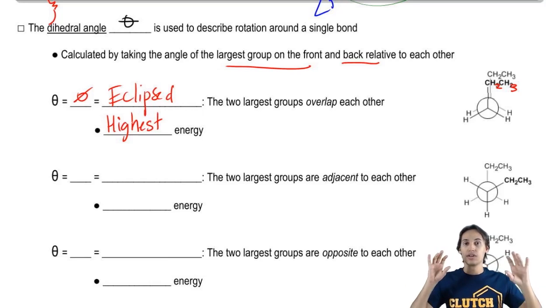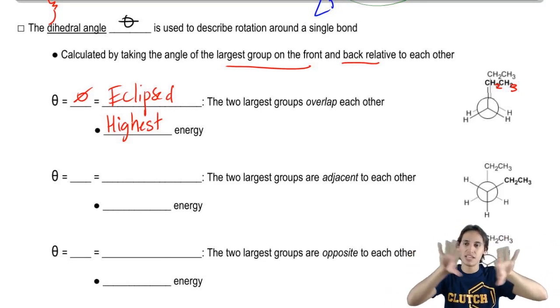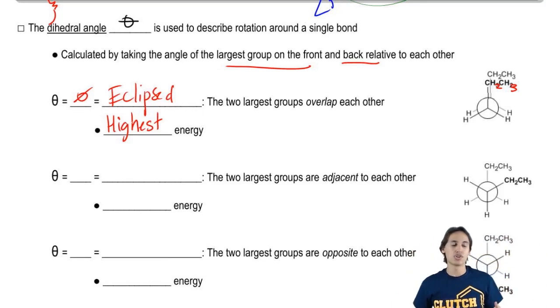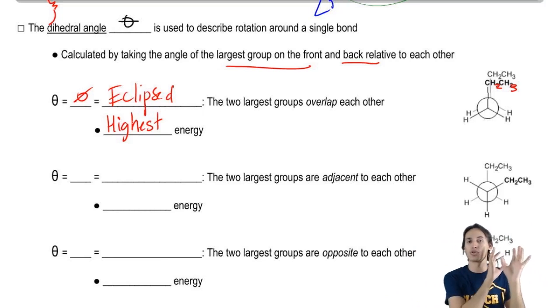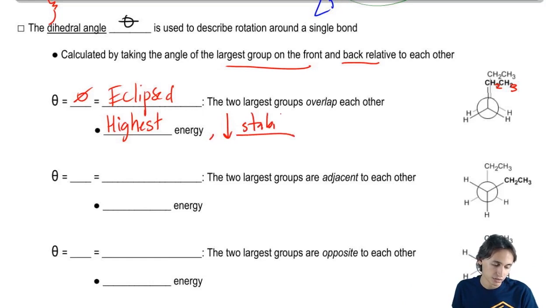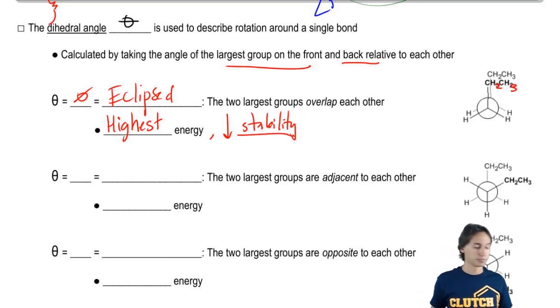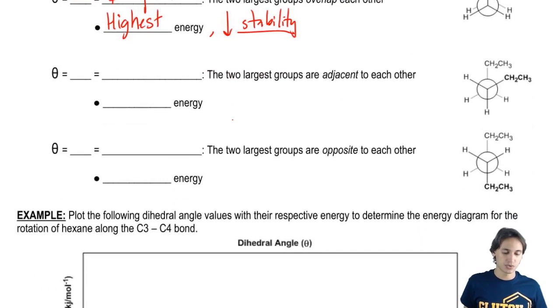And electrons are negative, so if you put a bunch of these electrons together, they're going to repel each other. So it's a really bad idea for these groups to overlap each other so perfectly. So this is going to be highest energy, and what that means is lowest stability. Energy and stability are inverse of each other. They're opposites.